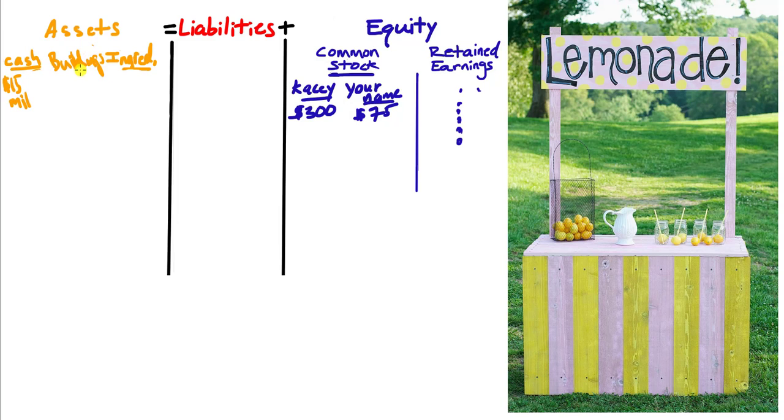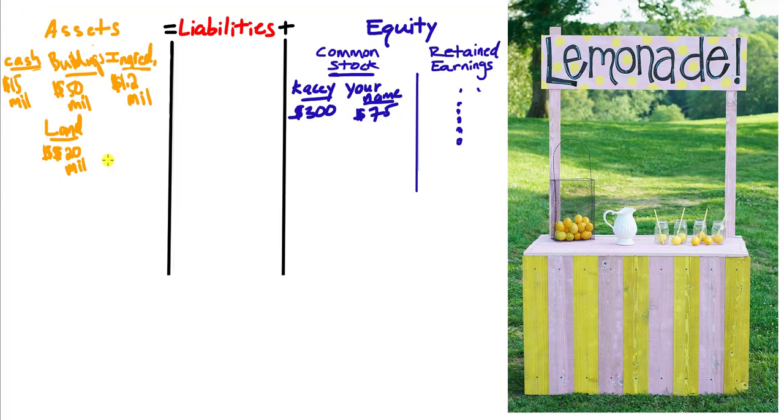Maybe she has $50 million in buildings, $1.2 million in ingredients. Maybe she's got some land in prime locations on busy street corners. $20 million in land.